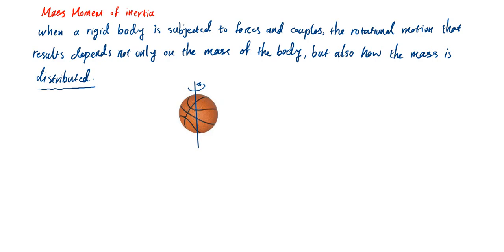Now, the same basketball, think about it this way, that you are holding it away from your body with both hands, or one hand, doesn't matter, and you're trying to rotate the ball around yourself. Imagine that your body is the axis of rotation and you're trying to rotate it around your body. So let's say this is the axis of rotation, which is your body, and you're holding the ball at some distance, as far as your hand goes, and you're trying to rotate it around yourself.